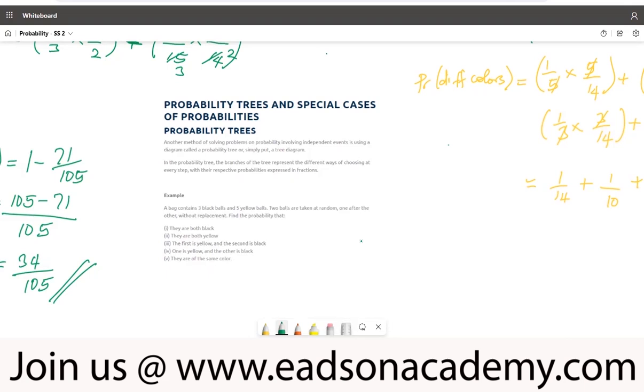We can solve it the way we solved the previous one, and we can also use a tree diagram to solve it. If we are using a tree diagram, remember there are 2 colors of ball here.